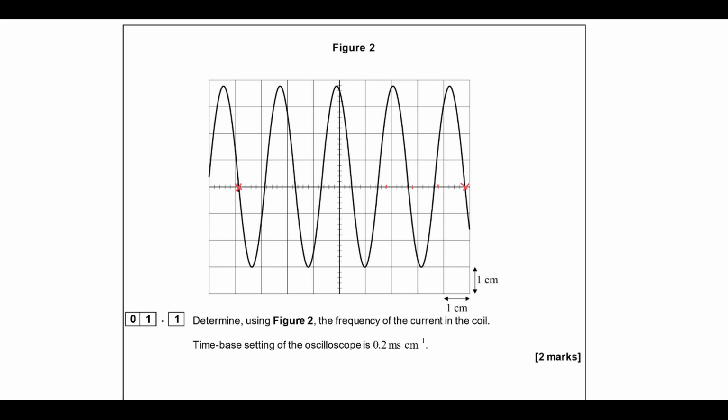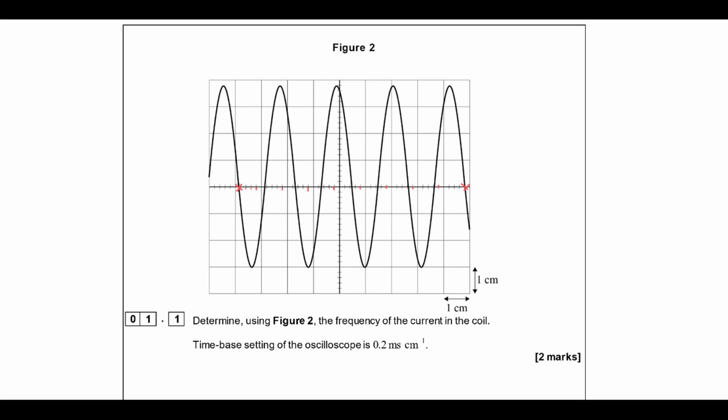So 1 square, 2, 3, 4, 5, 6, 7, 8 squares, and then there is 0.25, 0.5, 0.75. So there's like 8.75 squares, and each square it says is 0.2 milliseconds.